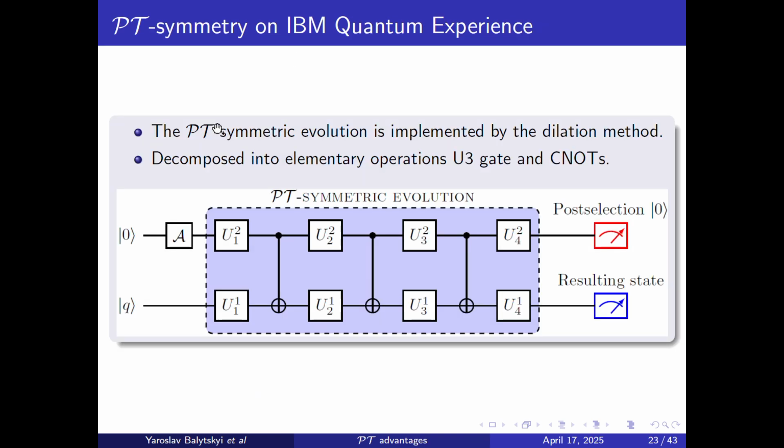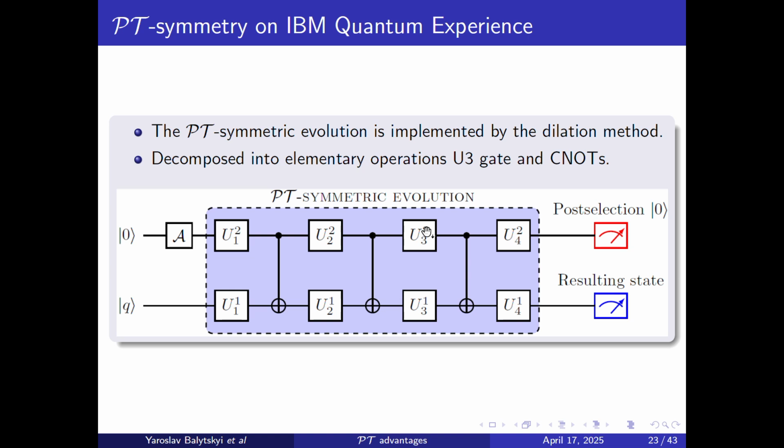First we implement this on IBM Quantum Experience. We compute the matrices corresponding to PT-symmetric evolution by the dilation method numerically, and after that we decompose that into elementary operations, into elementary U3 gates and CNOTs.